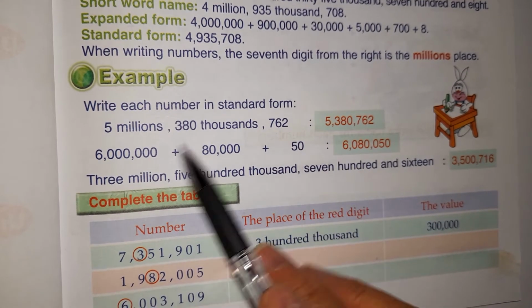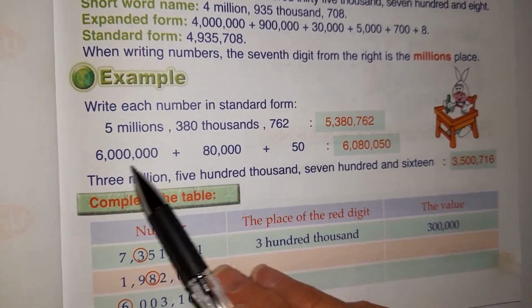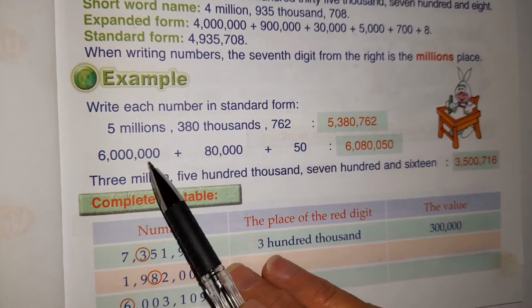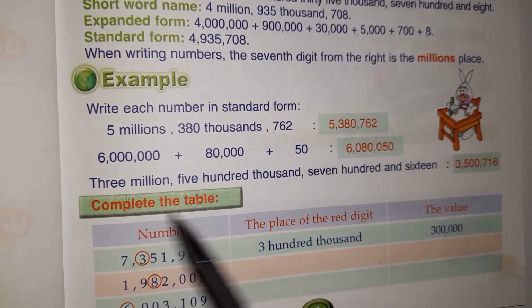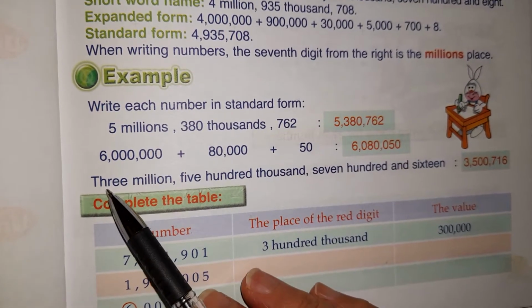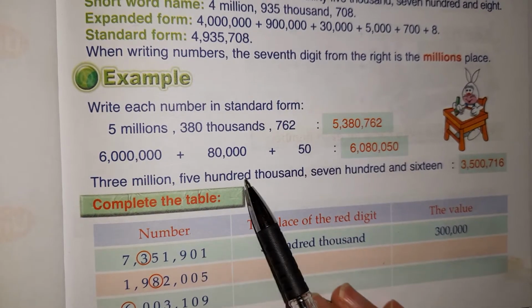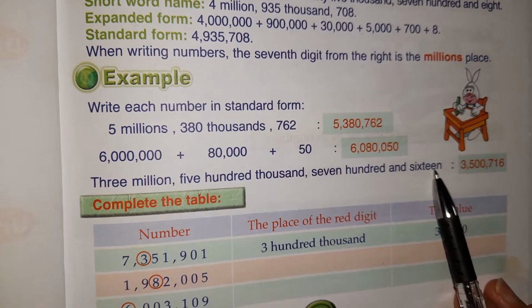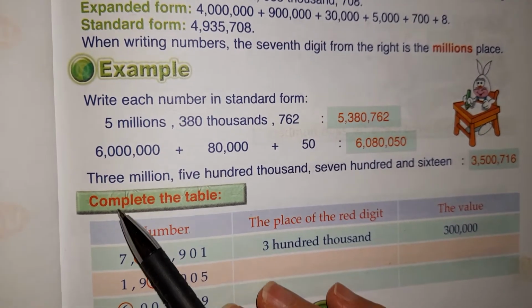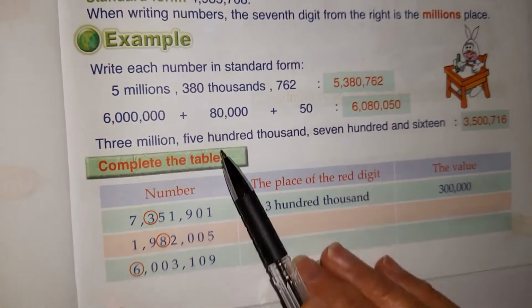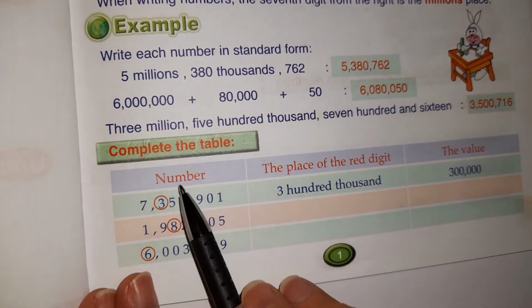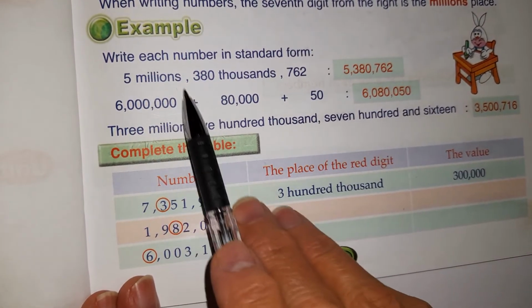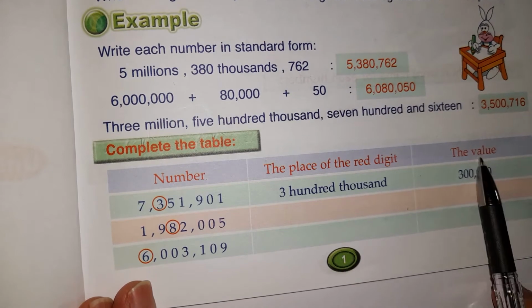This is one way, and here is the expanded form because they write the value of each digit. Now, in this question, they said 3,500,716. They said complete the table, okay? So these are examples of how I will solve.